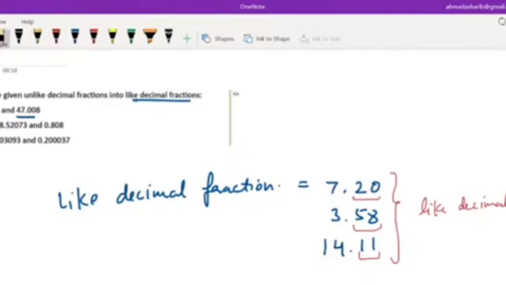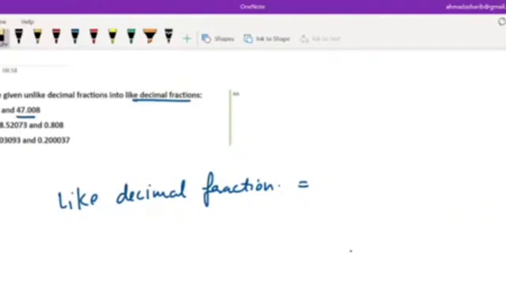On the other hand, what is unlike decimal fraction? Unlike decimal fractions are the decimal numbers in which you are having a different number of digits after the decimal. For example, 13.20, 1.553, and 111.2200.